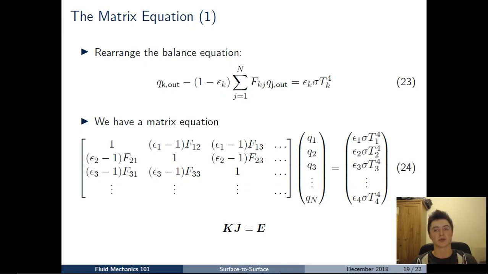Then we move to the next iteration, calculate the temperature field, and use that temperature field as a forcing term back on our radiosity equation in equation 24, and we update and calculate the new radiative heat flux vectors.